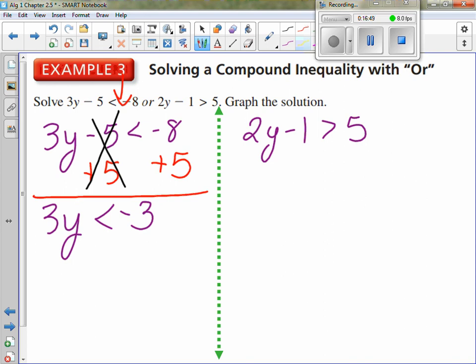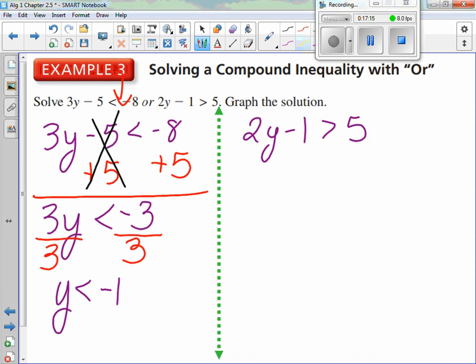Now what do we need to do next? Because we still have 3 times y. So to undo multiplication, we're going to divide by 3. And we get y is less than negative 1. So we have one of our two statements done.